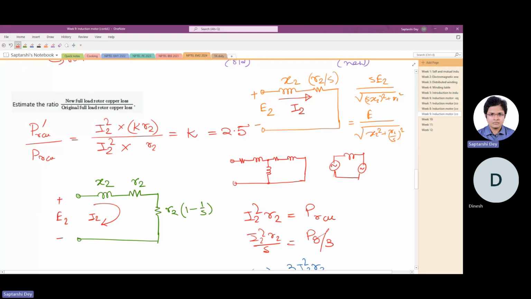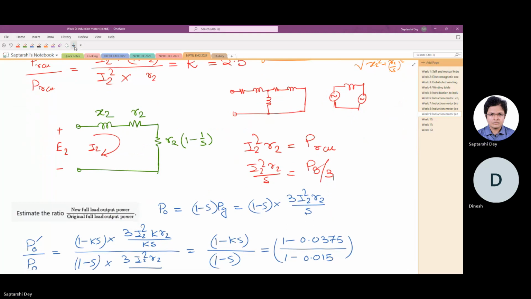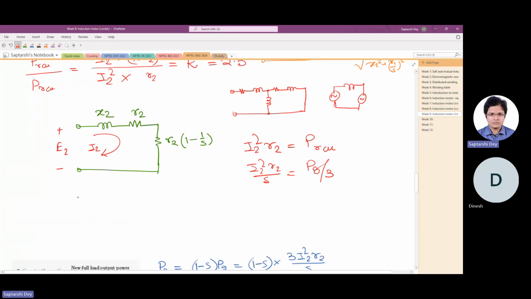So before the jugglery, again you can have a question here. Before we did this, if we put these two circuits side by side, when we had X2, SX2, R2, then what would happen with the change of load? I2 would change, E2 would change, so the power E2 I2 would change.